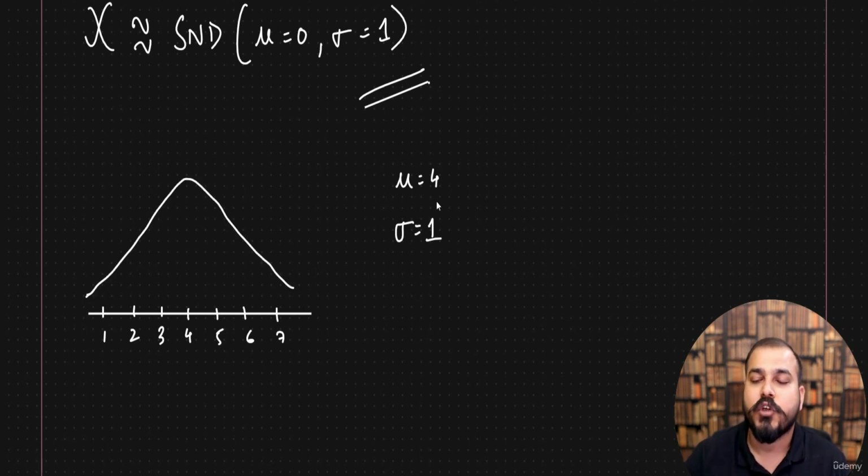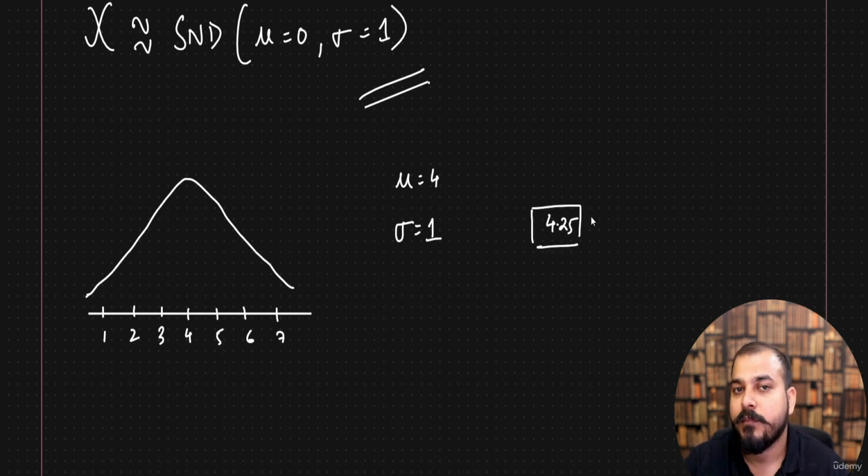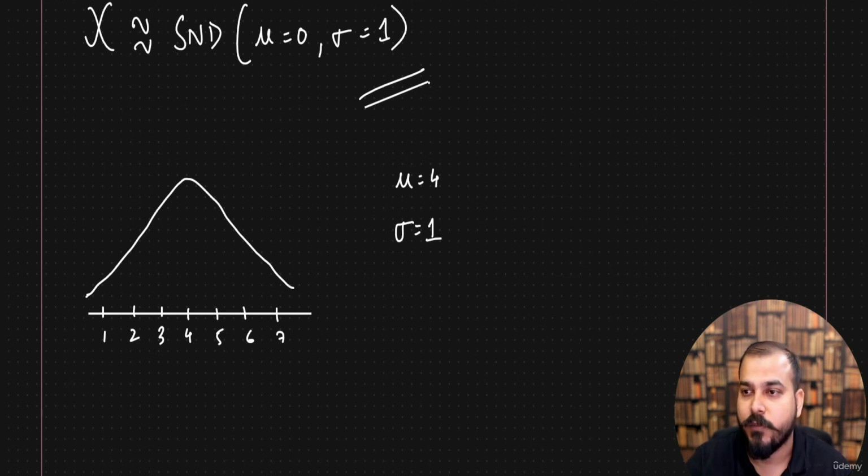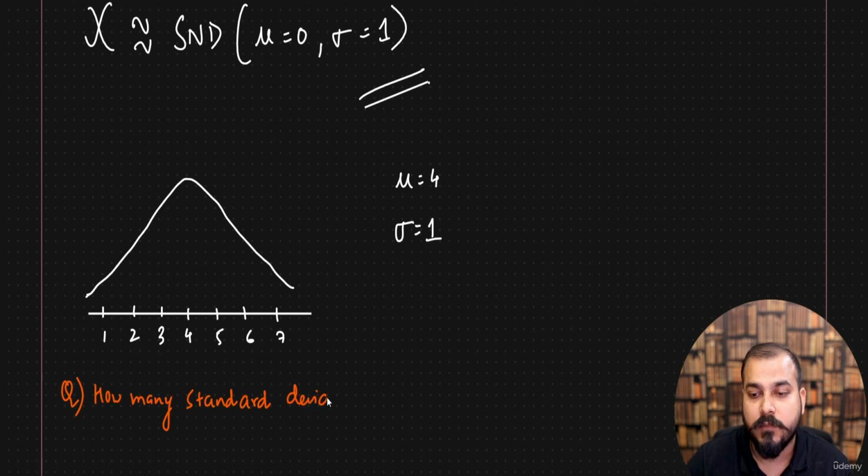Now in this question, I have a question over here. How many standard deviations is 4.25 away from the mean?